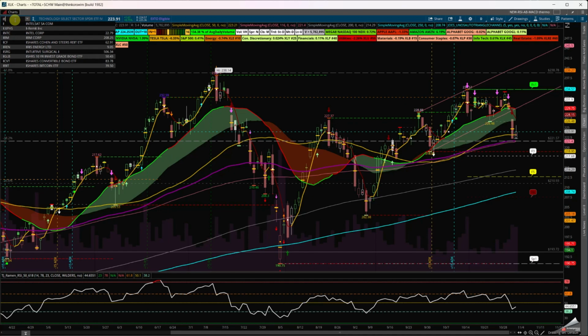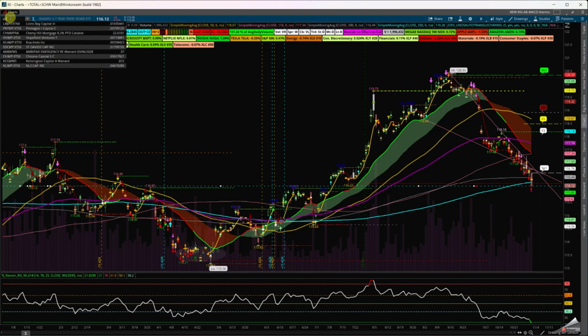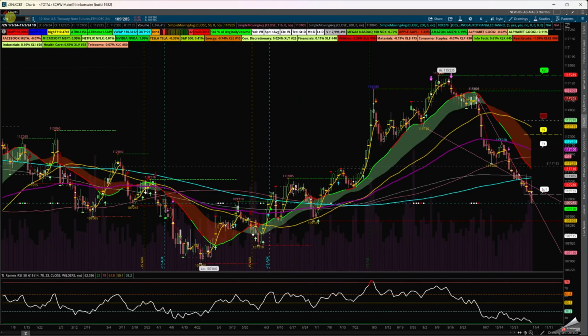What I want to do is show you IEI, excuse me. You can see that the bonds on the 3 and 7 year are starting to come down while the yield is coming back up. Or if I look at the Z and the 10-year notes, you can see it's the same setup.